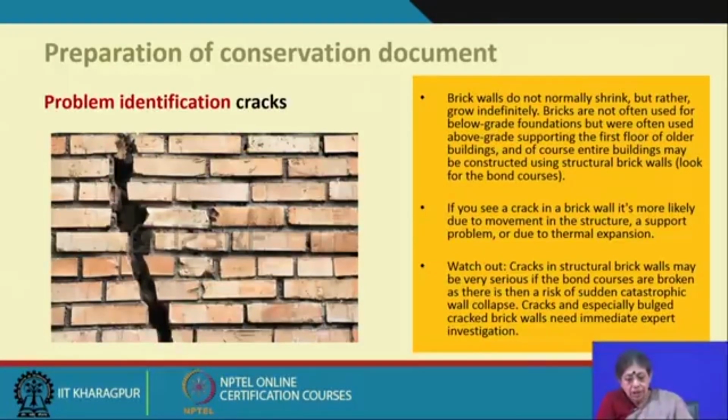The cracks in a structural brick wall may be very, very serious, and if the bond courses are broken, then there is a risk of sudden collapse, the wall can suddenly collapse. So at this time we have to adopt some temporary, immediate prevention measures to support the structure, and then see what is happening and what can be the likely measure.